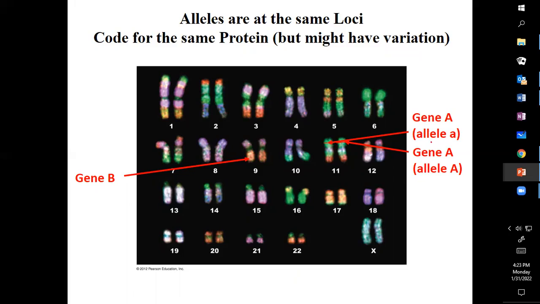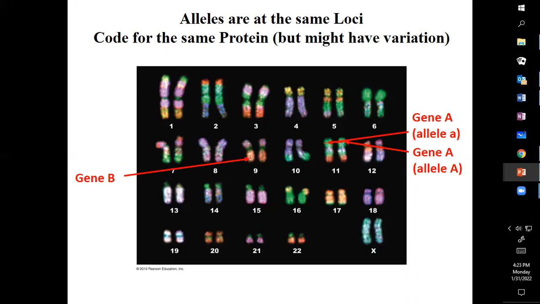So if you were heterozygous, they're both gene A, right? They both code for the gene A trait, but if they're different, they have different phenotypic outcomes, potentially. The different characteristics, the different traits. So the round versus the yellow, again, this is a human karyotype.